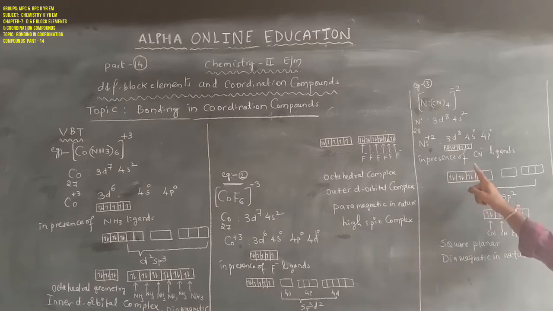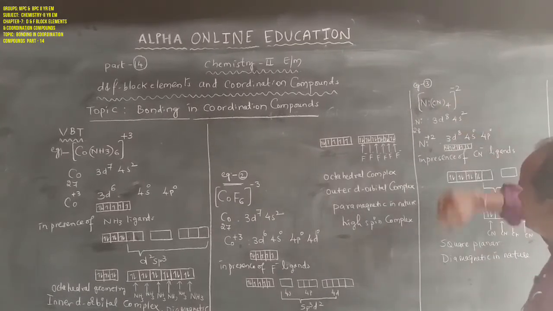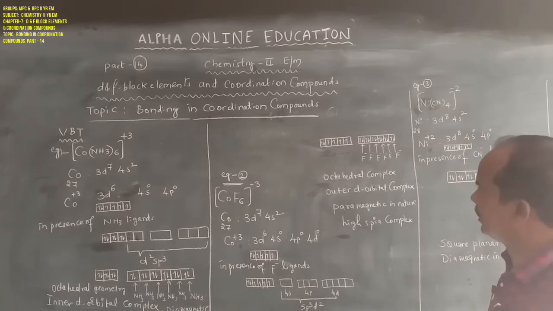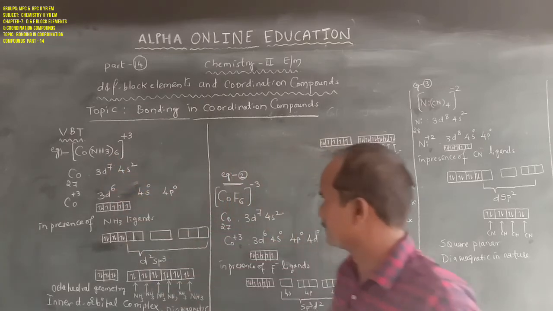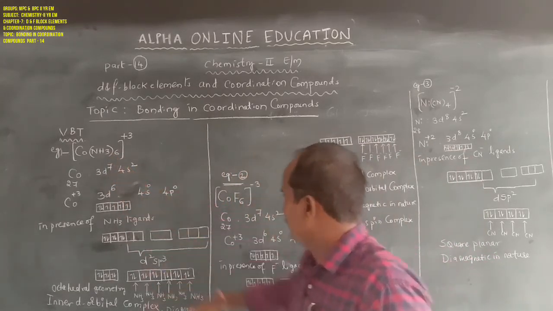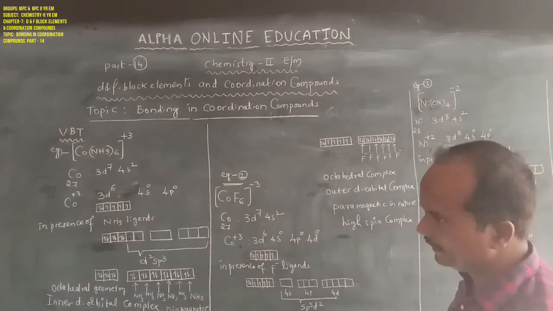When you observe the electron distribution in tetracyanonickelate(II), all electrons are paired up, so it is diamagnetic in nature. This is a 4 coordinated complex. The first, [Co(NH3)6], is a 6 coordinated complex. The hexafluorocobaltate ion is also a 6 coordinated complex, and this one is a 4 coordinated complex.